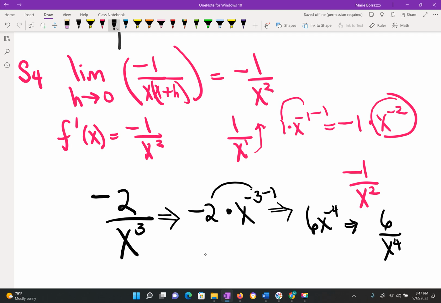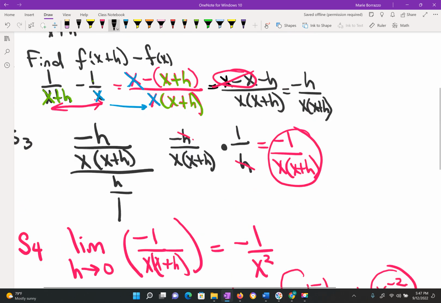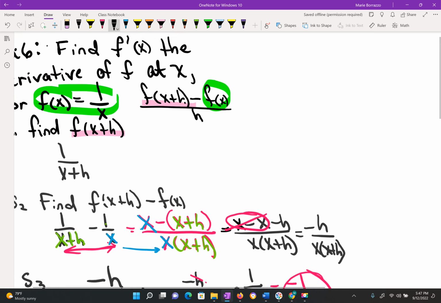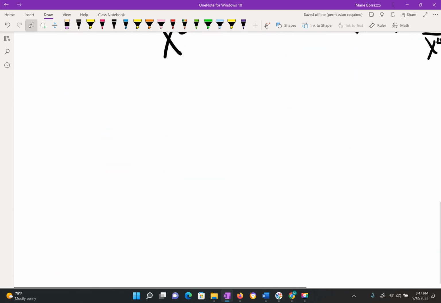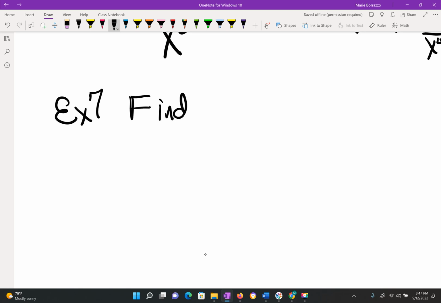All right, let's do example, what did I just do? Example 6? Yeah. Let's do example 7. We're still finding the derivative. The only thing is, this is going to involve the square root. So get ready.